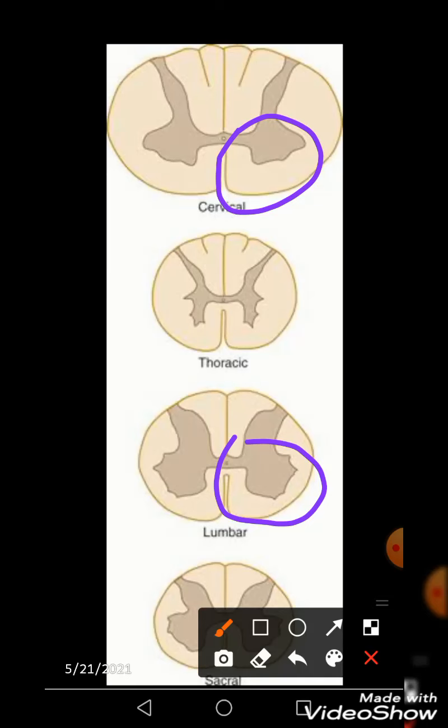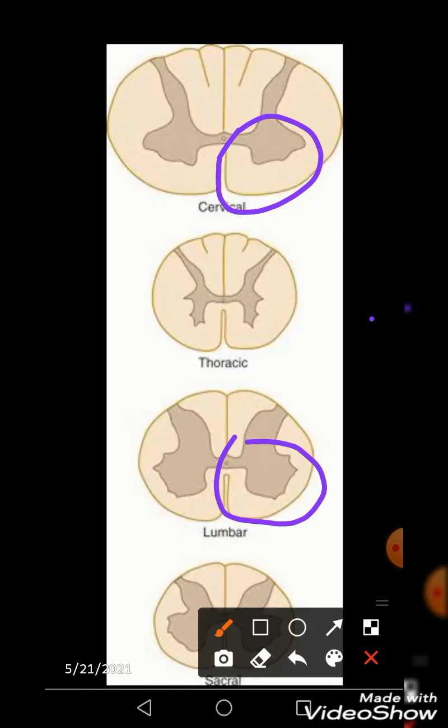So we expect that the upper cervical, thoracic and lower sacral segments show lesser quantity of gray matter, but the middle cervical and the lumbar regions have more gray matter, right?